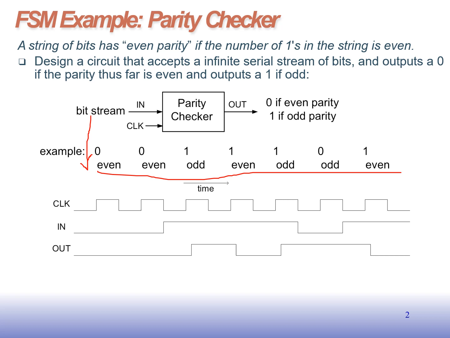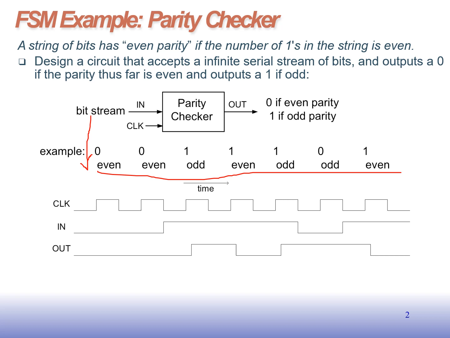These are two zeros, so it is even parity here. If a 1 comes, it automatically becomes odd parity and the output is 1. Till this point the output will be 0, because it is even parity. Then you have an even number of ones, and the output is 0. This is odd parity, the output is 1. So this is the clock, input and output depending upon the bit stream.